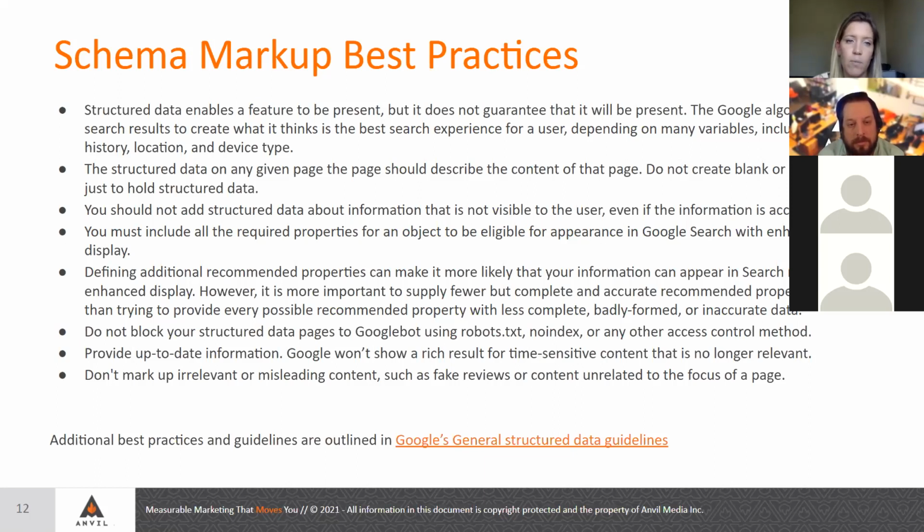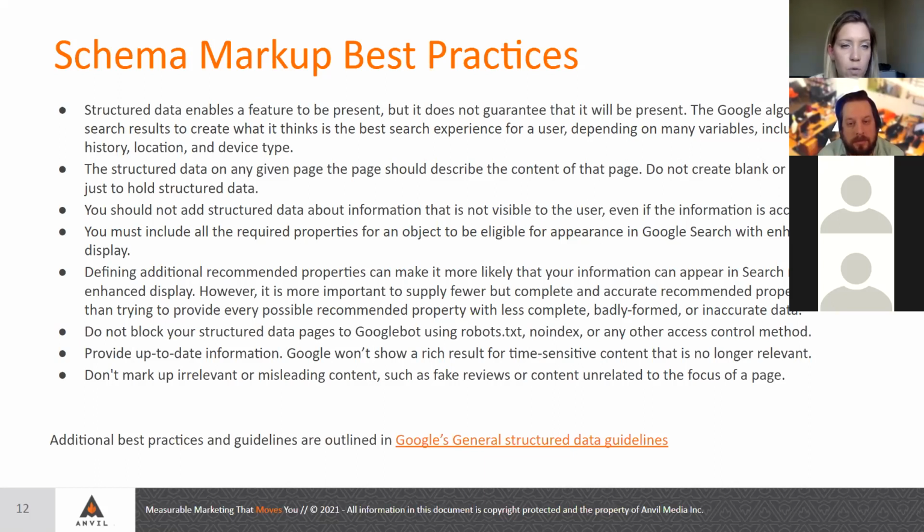You can look up which required properties you need for XYZ types of schema to make sure that you're following all of the best practices. There are recommended properties that Google suggests you add, which will make it more likely that your information can appear in search results. But the goal is always to be more accurate than to try and supply as much information as possible.